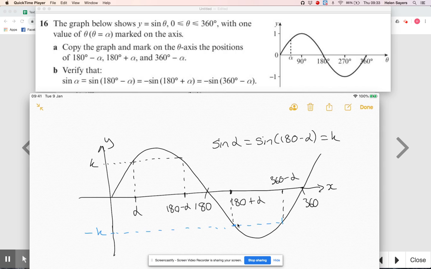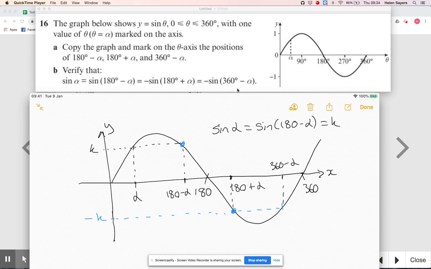And because of the rotational symmetry of the graph, if I look at that point and that point, I can say that they will be the same magnitude. Okay, so let's just add a note, let's scroll up a little bit.